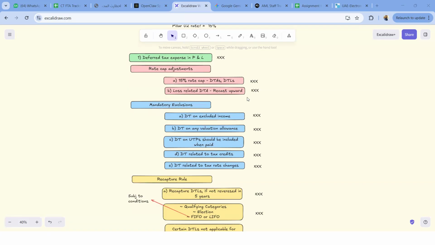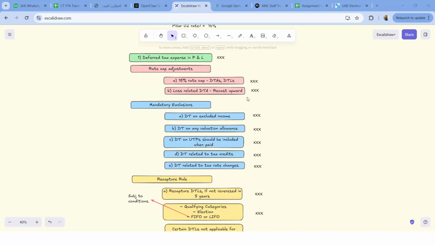So basically what it means is, let's look at my financial statements, and let's say my tax rate is 9%. We are in UAE, my tax rate is 9%. Would there be a DTA recorded in my P&L? Yes or no?